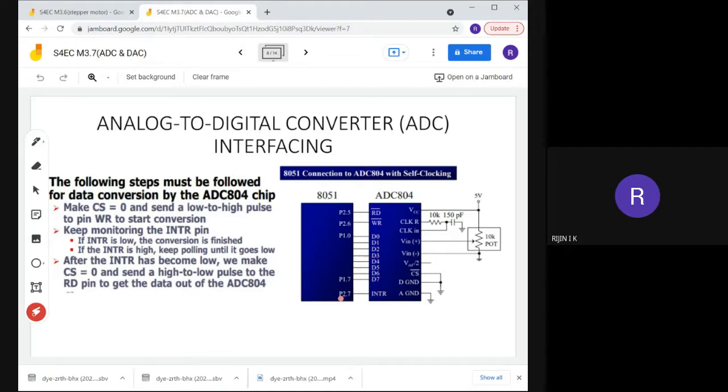And P2.7 is connected to the INTR pin. Then P2.6 is connected to the WR pin, and P2.5 is connected to the RD pin.